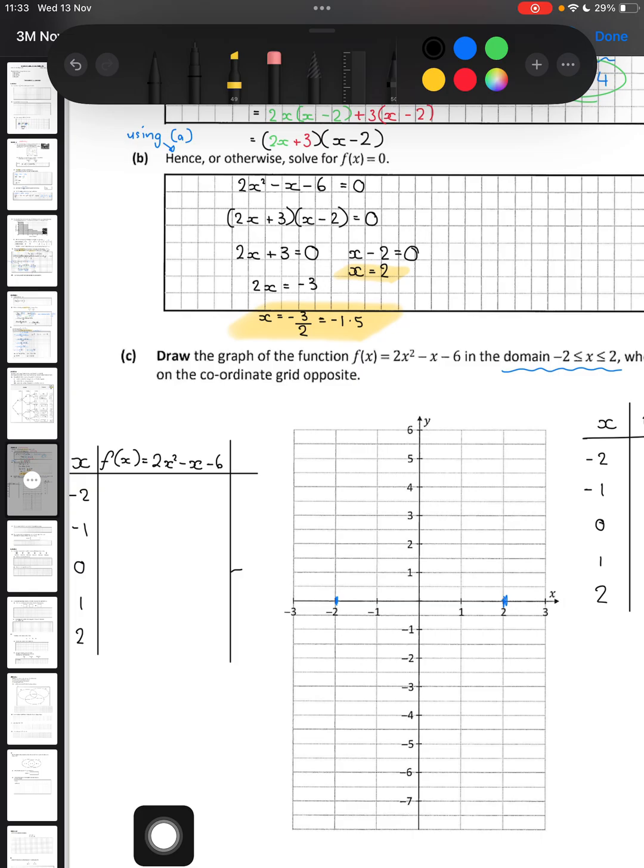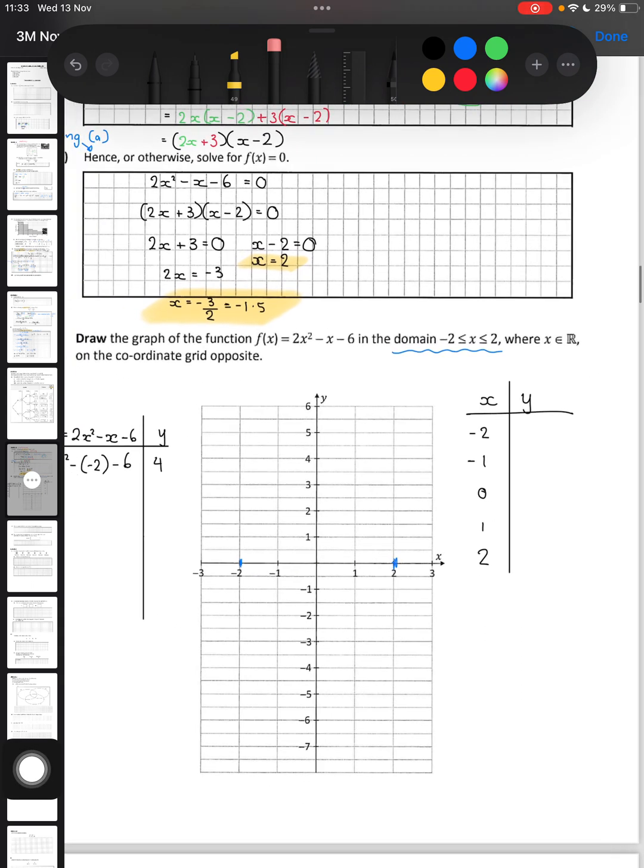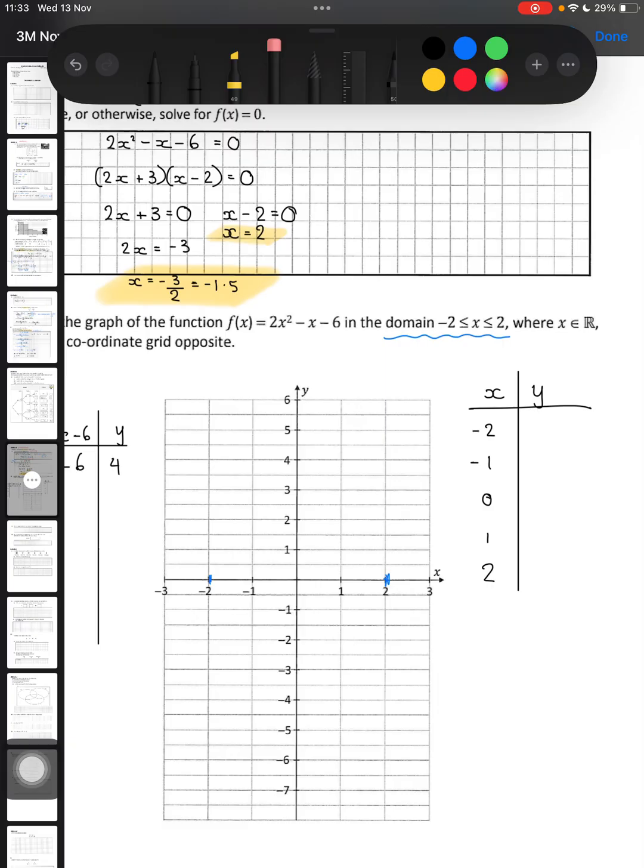So for example here, if I was subbing in -2, I would get 2 by -2 squared minus -2 minus 6. My matching y coordinate there is going to be 4. So you're either doing it by actually showing the table here, or if you're typing it straight into your calculator, that's fine, but you do need to still write this out.